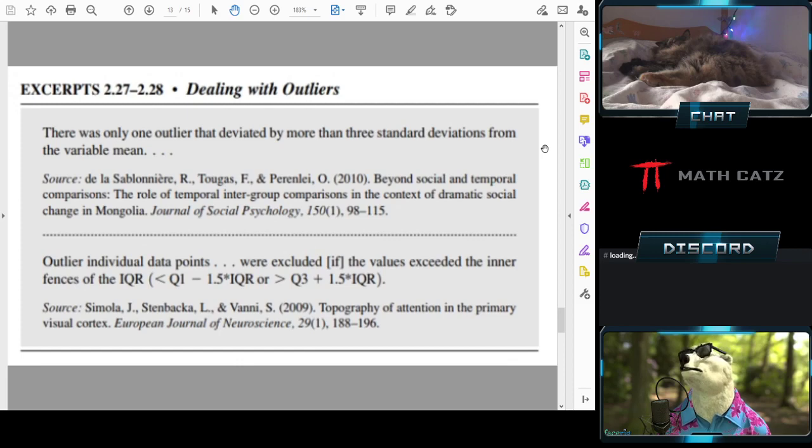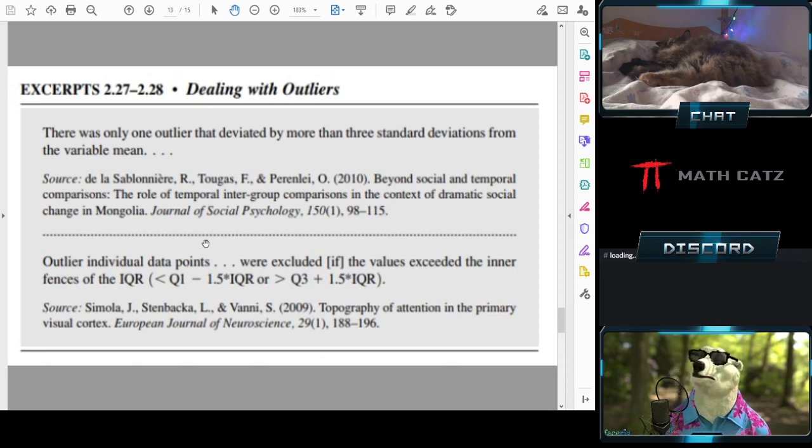But when they come out and say there was only one outlier that deviated by more than 3 standard deviations from the variable mean, now you know, okay, they measured their cutoffs by counting standard deviation steps. We're going to clarify that soon. They're not trying to hide anything.